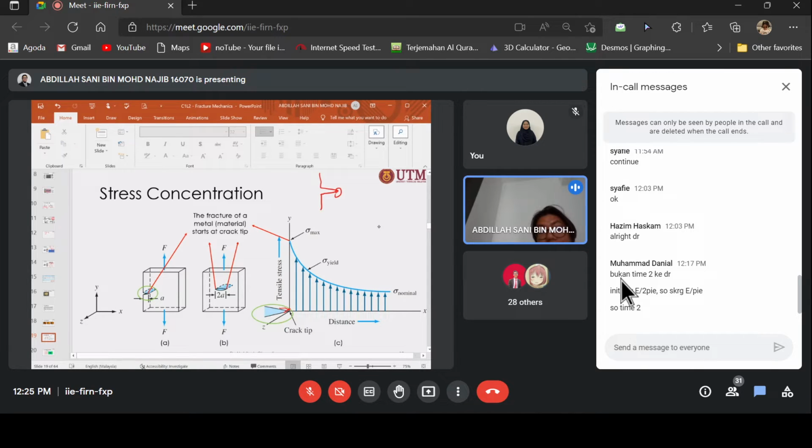All right. So it could be not on the edge, maybe at the center. The crack tip has very high stress. As you go away from the crack, you get lower stress, which is equal to the nominal stress.